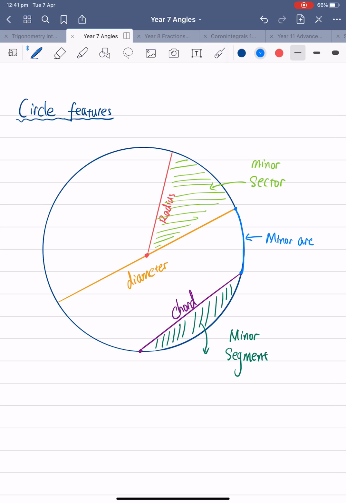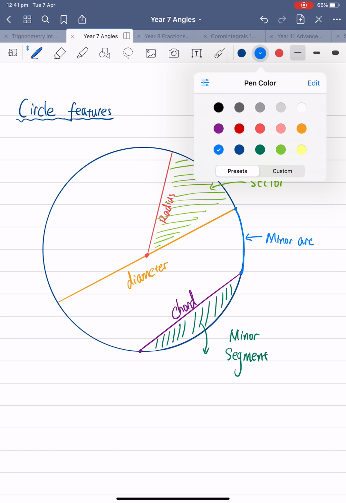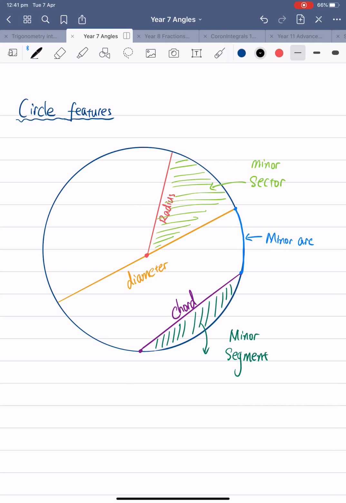All right, so let me just write down the definitions. I hope you can also write them down as well. We'll start with the point, which is the center. Let's use a different color here.